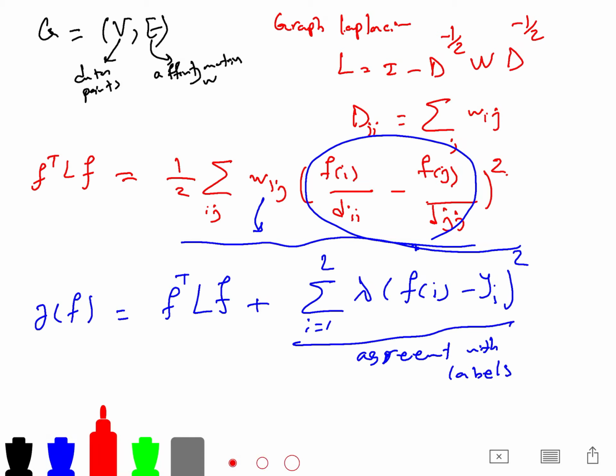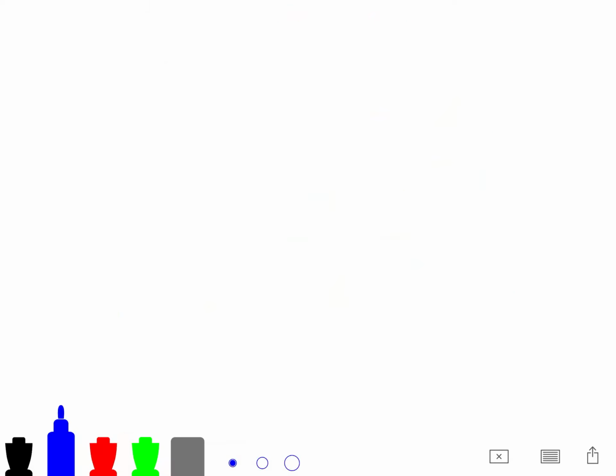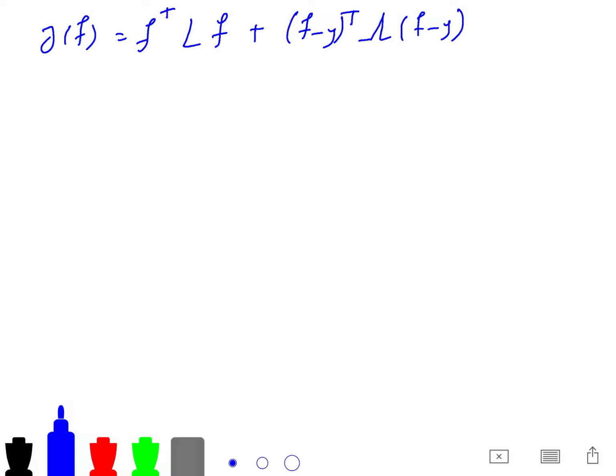And of course, this lambda is your weight, and we have very, very few labels. So we can rewrite this objective function in matrix notation as F transpose L F plus (F minus Y) transpose lambda (F minus Y).